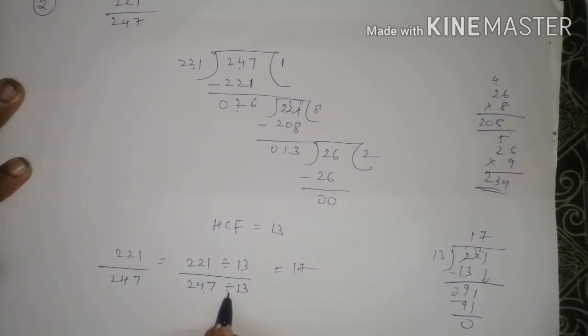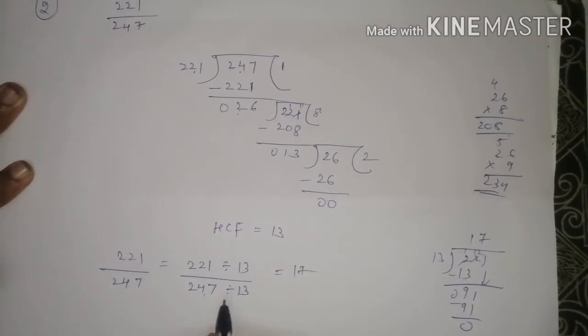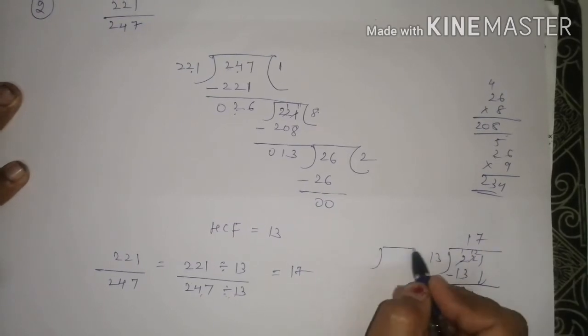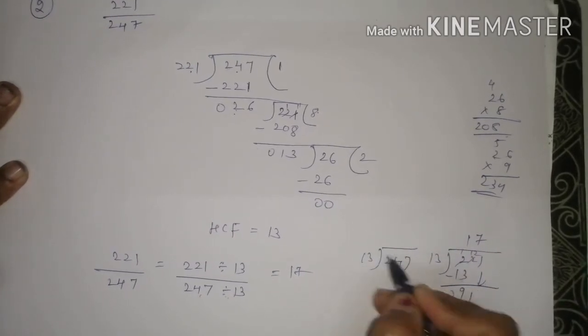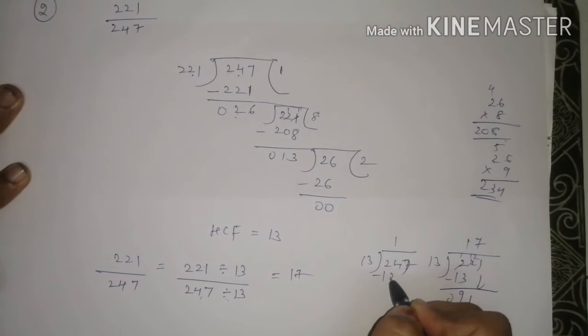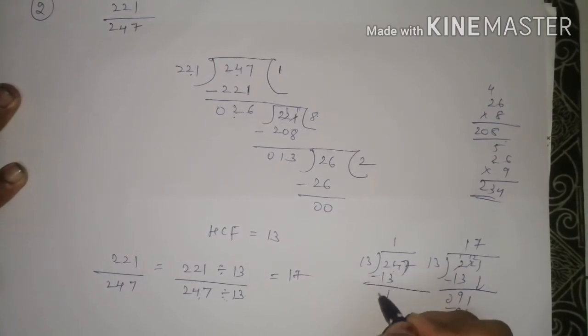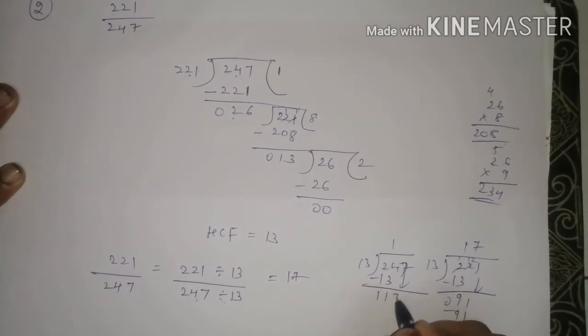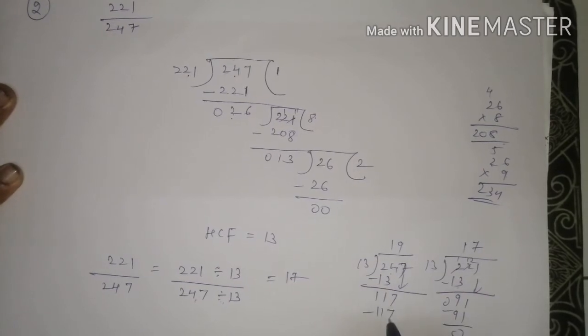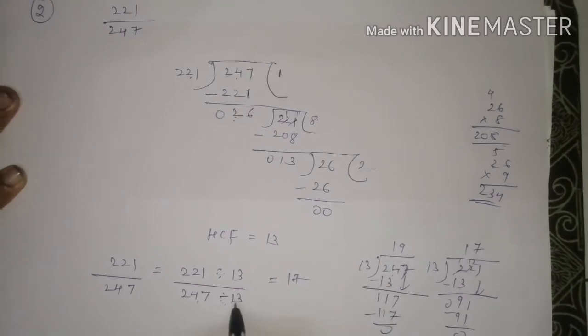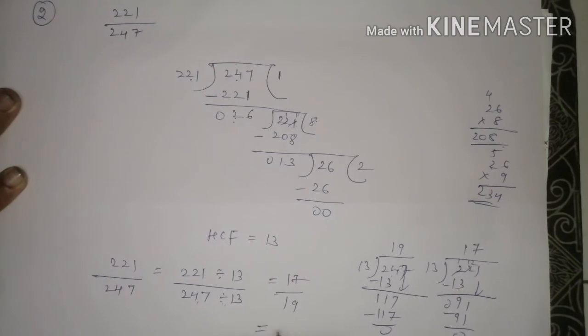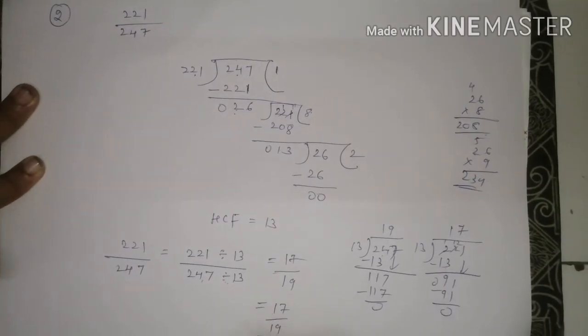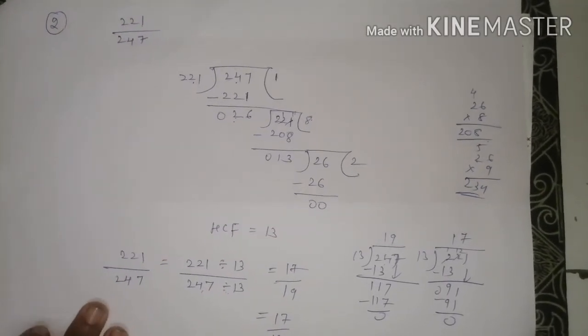Similarly, if you divide 247 by 13, 13 ones is 13. 4 minus 3 is 1, 2 minus 1 is 1. Take this 7 down. 13 nines is 117. So we got 19. So 17 upon 19 is your reduced fraction.